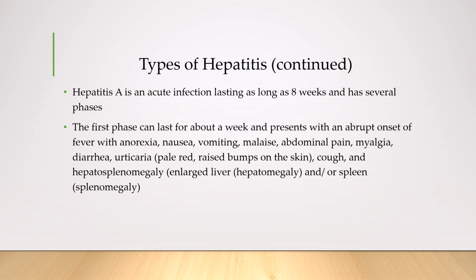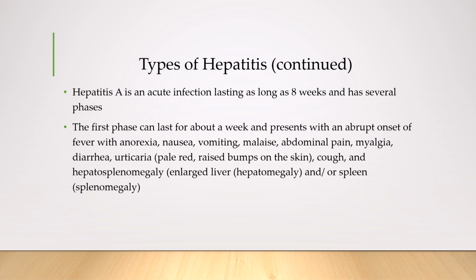So, hepatitis A is an acute infection lasting as long as 8 weeks, and it will have several phases. The first phase can last for about a week, and it will present with an abrupt onset of fever with anorexia. And, ladies and gentlemen, here when I am talking about anorexia, I am talking about loss of appetite.